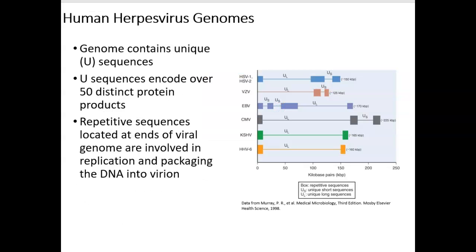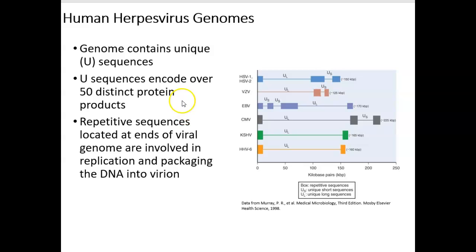Now, looking at the genome of different herpes viruses, they're all going to have some things in common, but they're going to vary in length a bit. All herpes viruses are going to have some latency-associated genes.